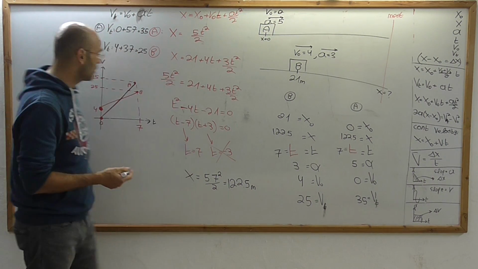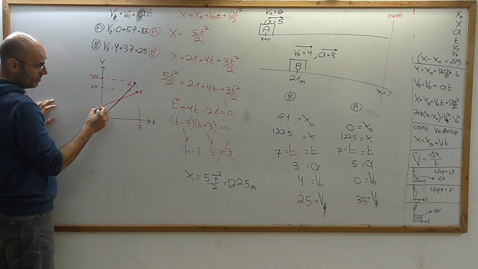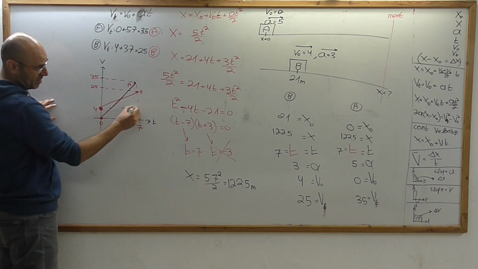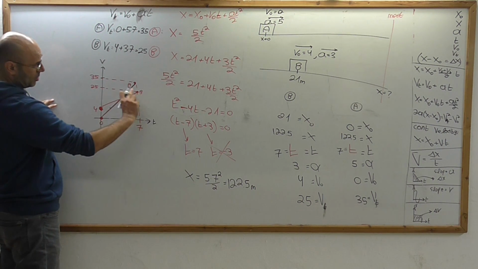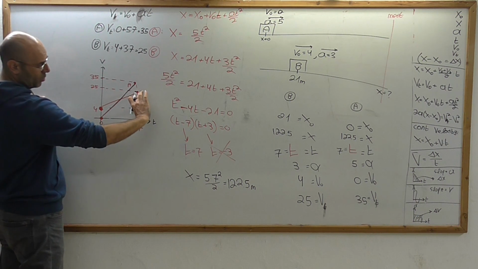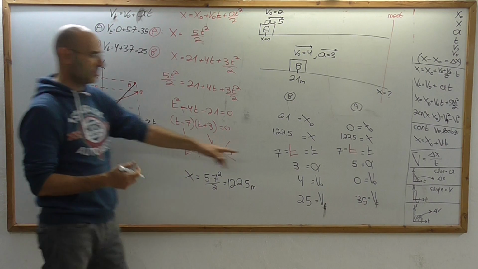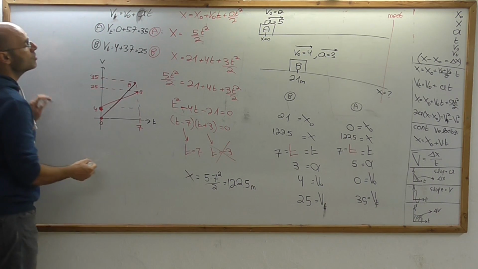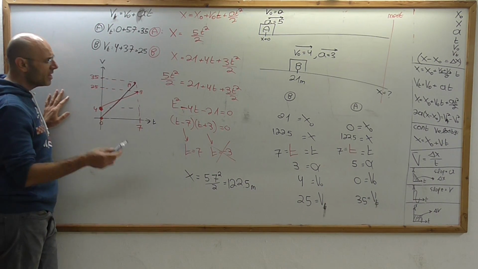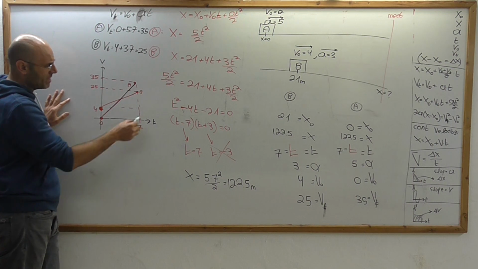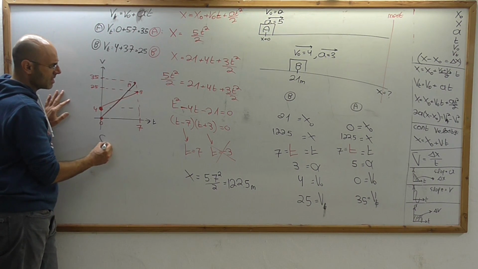The acceleration is 5. And if I do the red, using this triangle, I get 25 minus 4, which is 21, divided by 7, which is 3. The acceleration is 3.